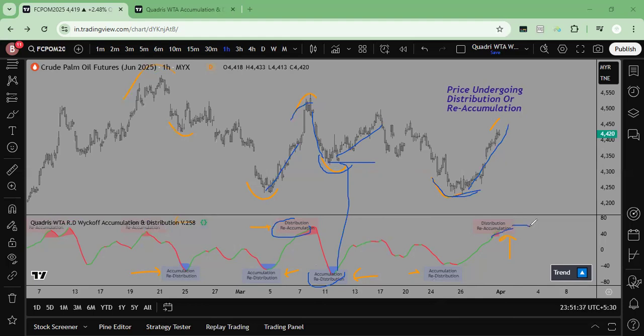Now the market is not operational at this particular point, so we don't know what is going to happen. Either we are going to see price go downwards, or price might be screaming upwards. Here it was an accumulation that resulted in this much of a price rise, and here it was a distribution, and it started plummeting downwards.